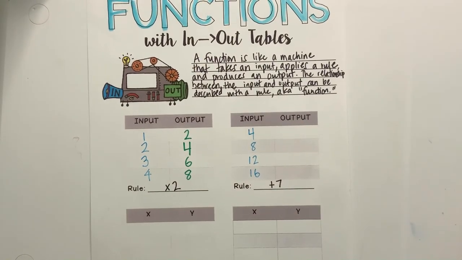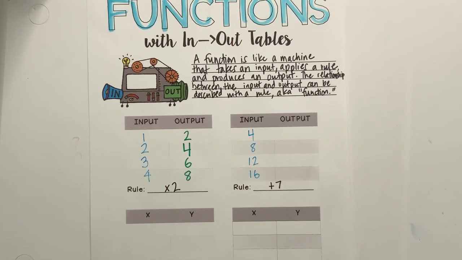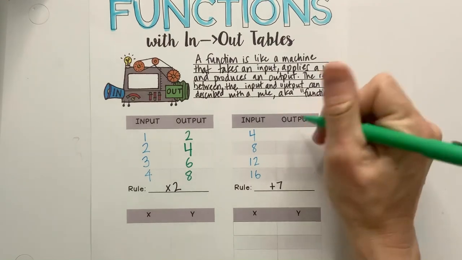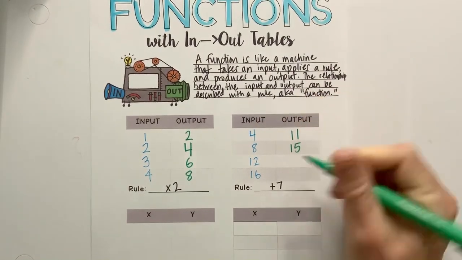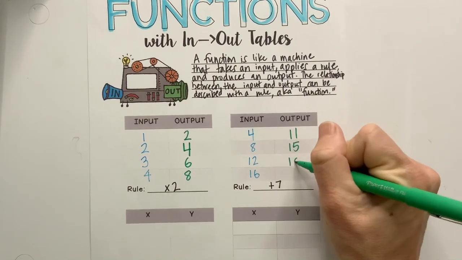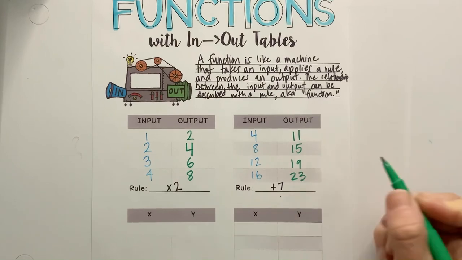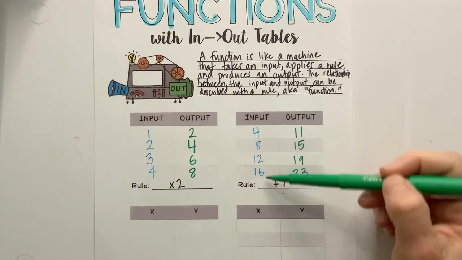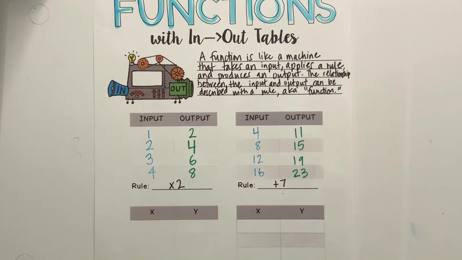Okay, so go ahead and pause the video while you try to figure out what the outputs would be, and then hit play when you're ready to check. Okay, so 4 plus 7 would be 11. 8 plus 7 would be 15. 12 plus 7 would be 19. 16 plus 7 would be 23. So now we have our input. You've applied the function or the rule to produce said output.